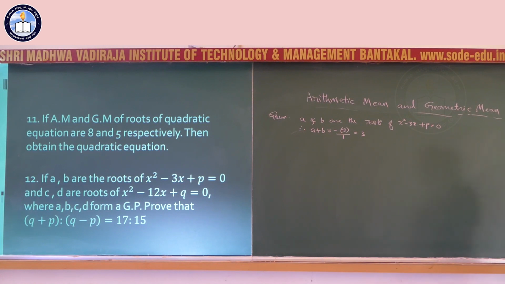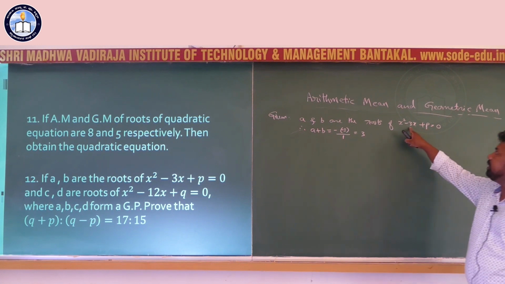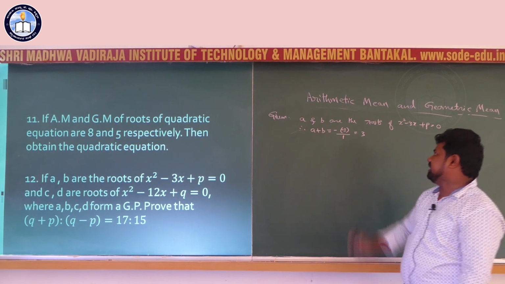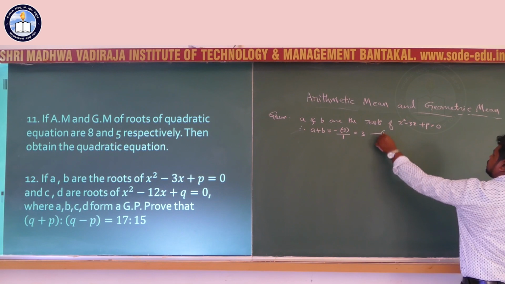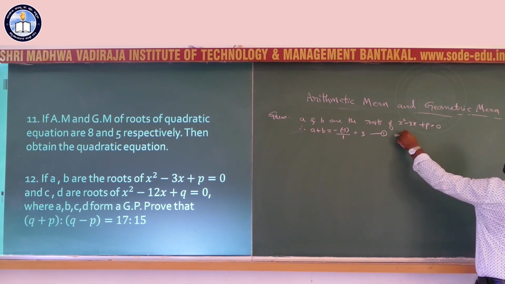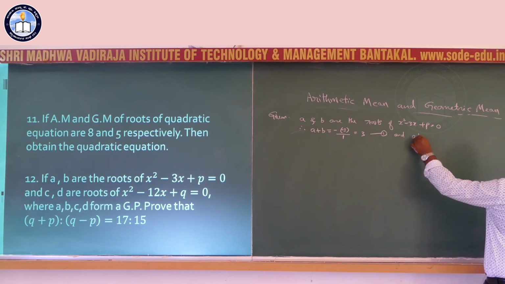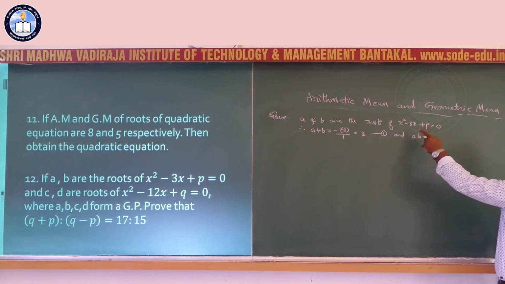Suppose alpha and beta are the roots of the quadratic equation, then alpha plus beta equal to minus b by a, but here b is minus 3, therefore minus of minus 3 by 1. A here is 1, therefore it is equal to 3, and call it as equation 1, and a into b equal to c by a. C by a here, c here is p, by 1, that is p, call it as equation 2.